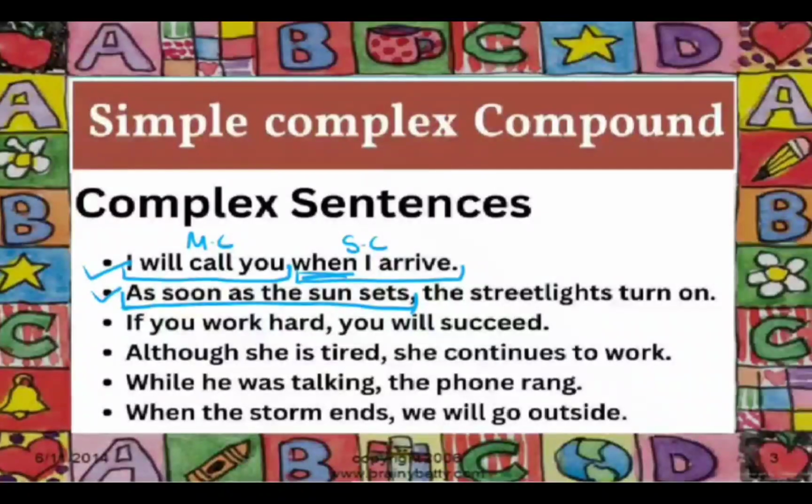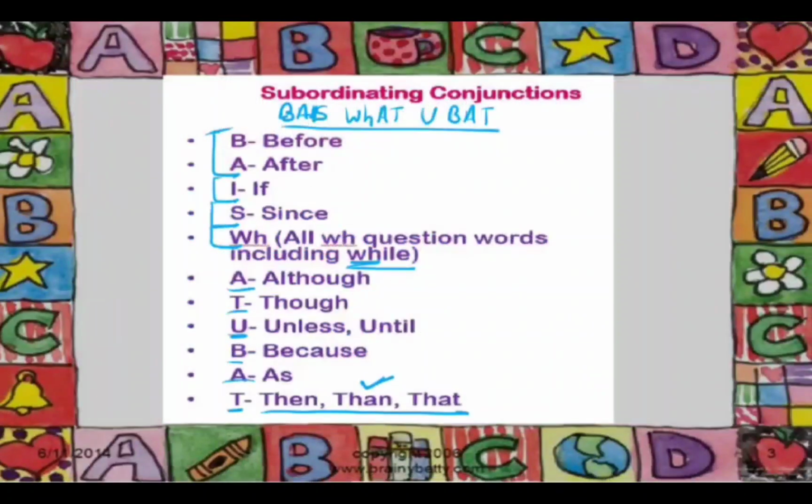A complex sentence. If, again, a subordinating conjunction. If you work hard, subordinating clause, you will succeed. A perfect example of complex sentences. Although she is tired, she continues to work. Here, although. Okay.